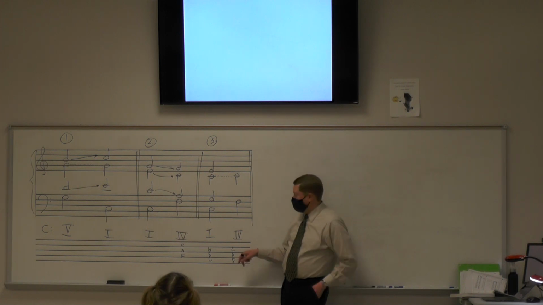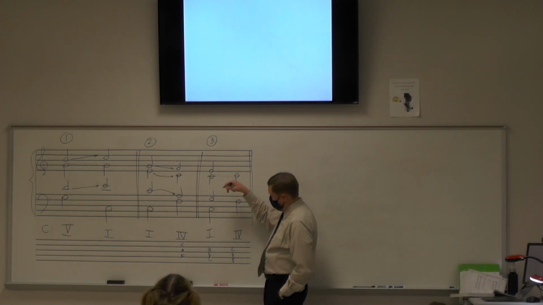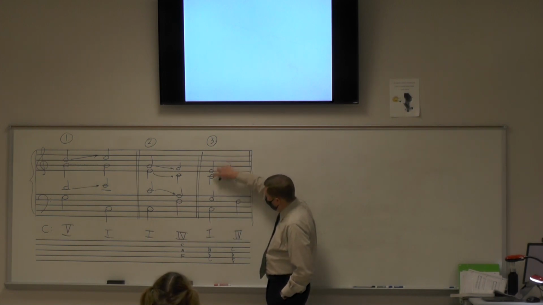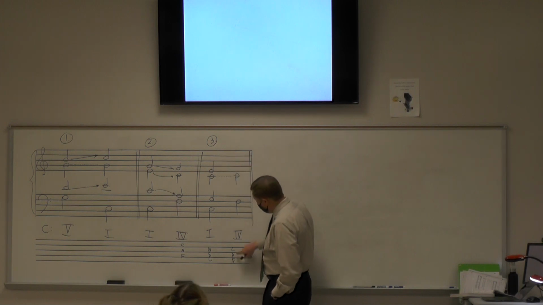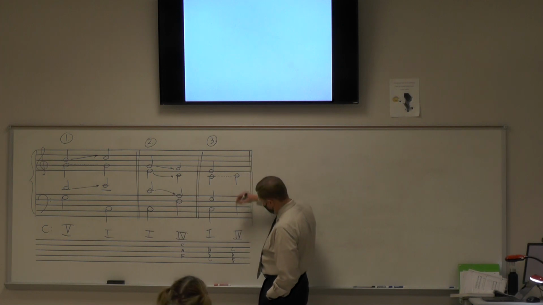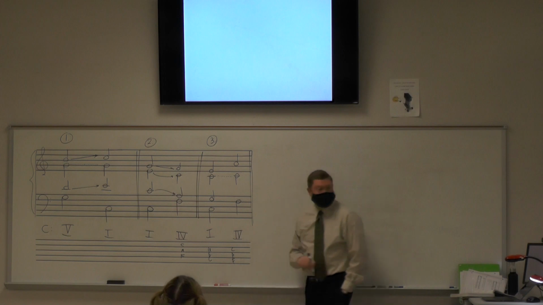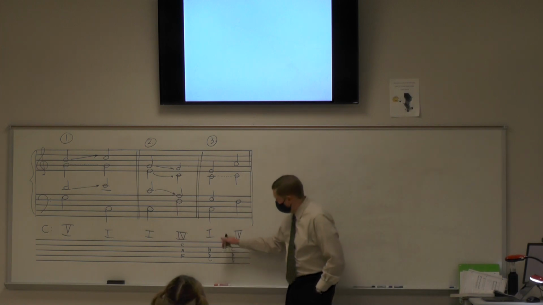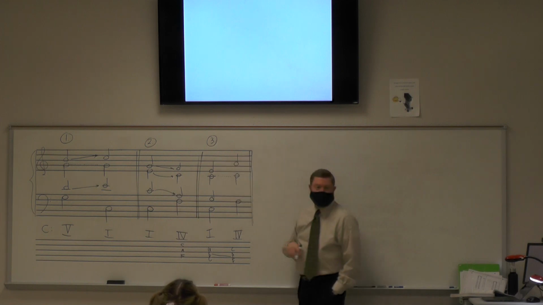The A. So what guideline 3 is saying is after you keep the common tone static, find the note that's the third of the first chord, which happens to be the E right here in the soprano, and make it leap all the way until it becomes the third of the next chord. So E is going to leap all the way up to A. See, the third of the first chord leaps to become the third of the second chord.